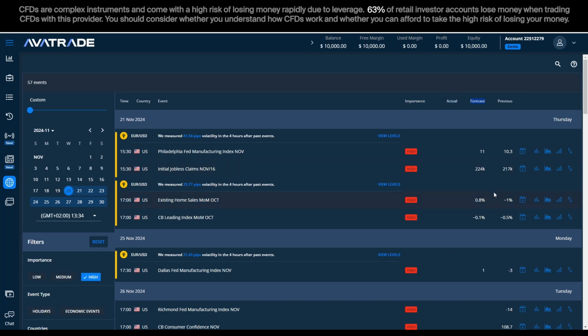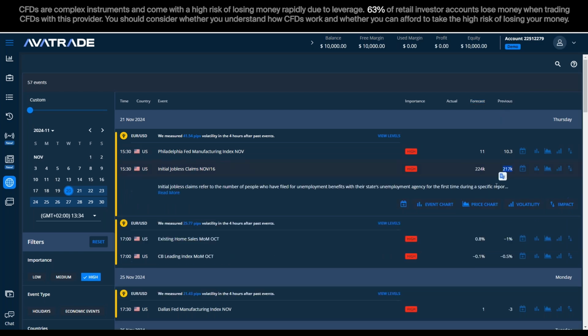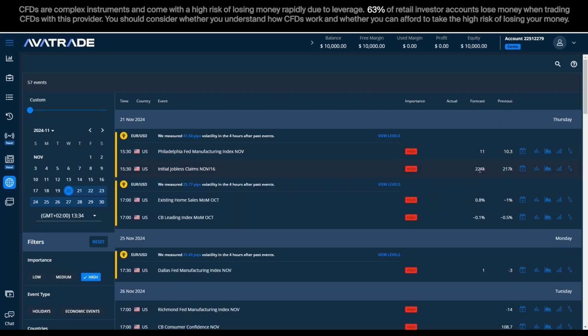And this is the expected change, so 224,000, let's say, for the initial jobs claim on November. And this is the previous result. Okay, previous result, we're expecting an increase, and eventually when this event will take place, it will be presented in here and will turn gray.